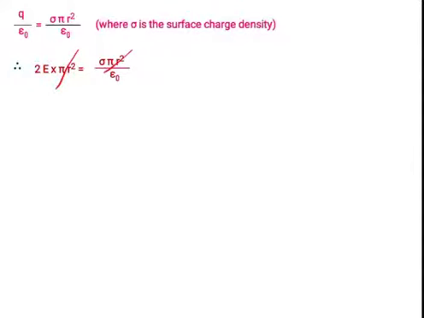What is remaining? 2E is equal to sigma divided by epsilon naught. Or if we take this 2 to this side, then E is equal to sigma divided by 2 epsilon naught.